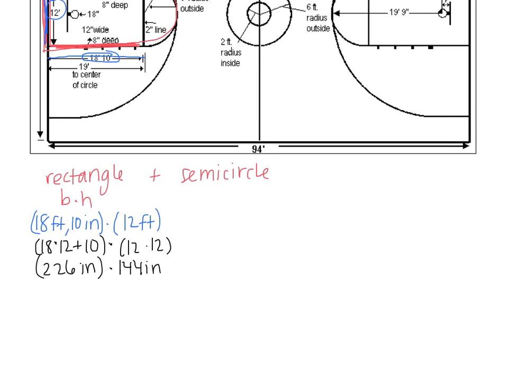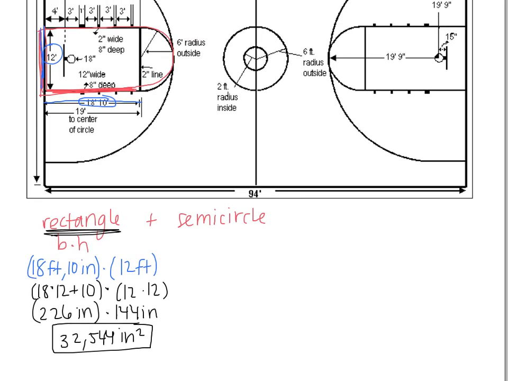Then I need to multiply, remember, to find the area. When I multiply 226 by 144, I get 32,544 inches squared.